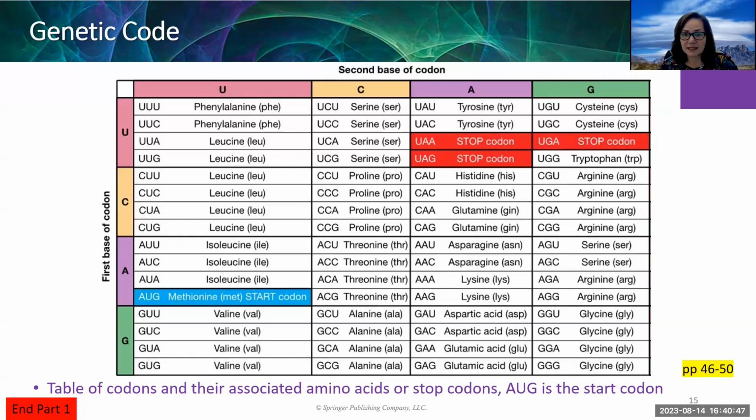Here's an even bigger mistake. If you have UAC, it's supposed to bring the amino acid tyrosine, but instead I goofed and I made a mistake. And instead of bringing the amino acid tyrosine and then continuing on with the rest of this gene, instead of UAC, it says UAA. That doesn't mean bring me an amino acid.